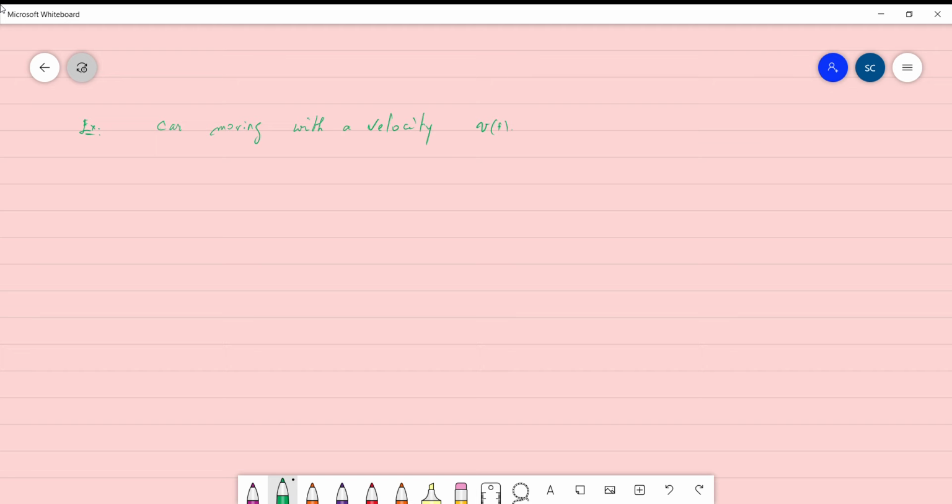Our question is: what is the displacement? We would like to know it so that we can locate our car at each instant t. Let's call this displacement s of t.